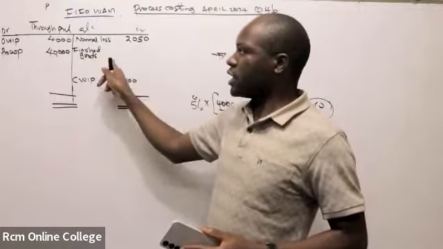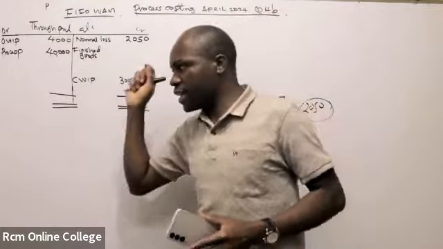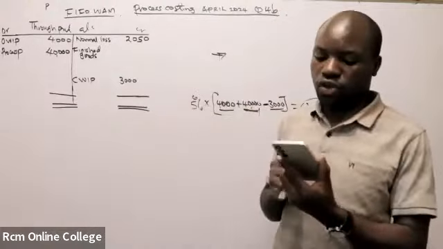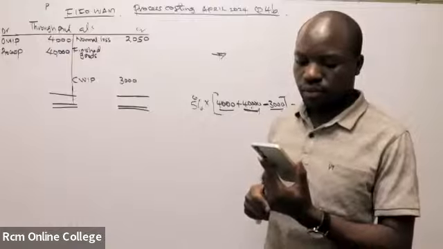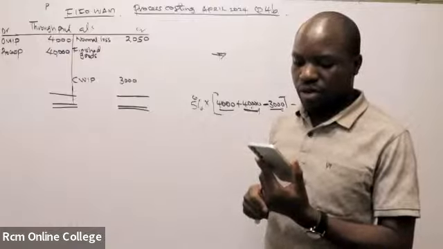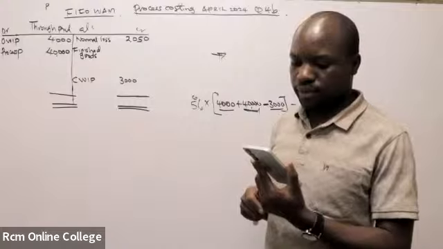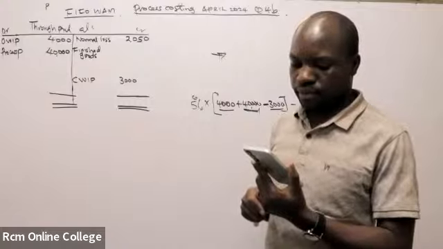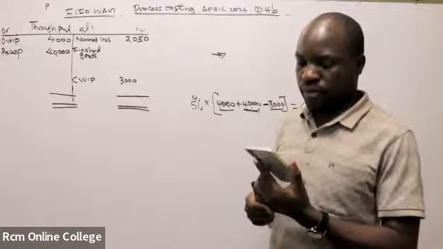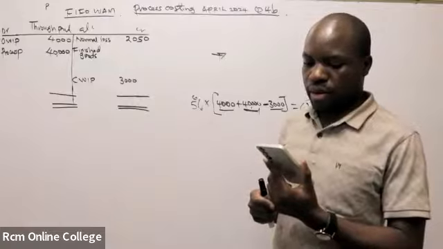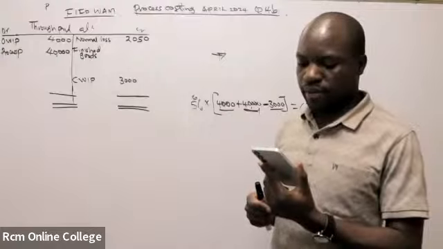How many units were transferred to the finished goods account?